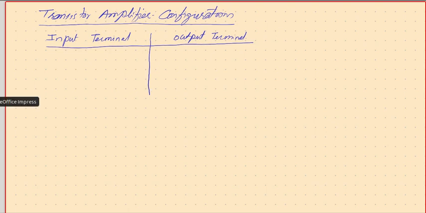A transistor is basically made up of three terminals, and we need one terminal for input and one terminal for output. Considering which one is input and which one is output, we find the circuit behaves differently.